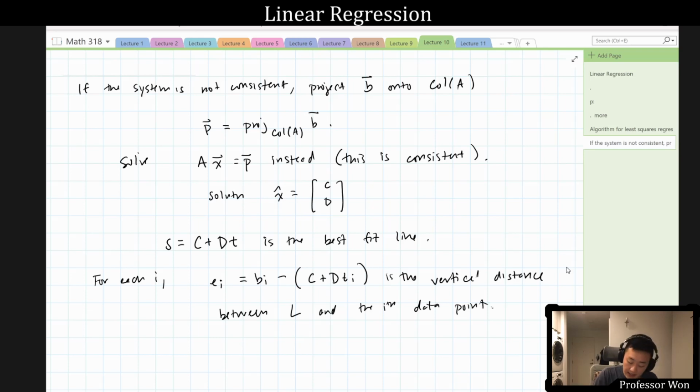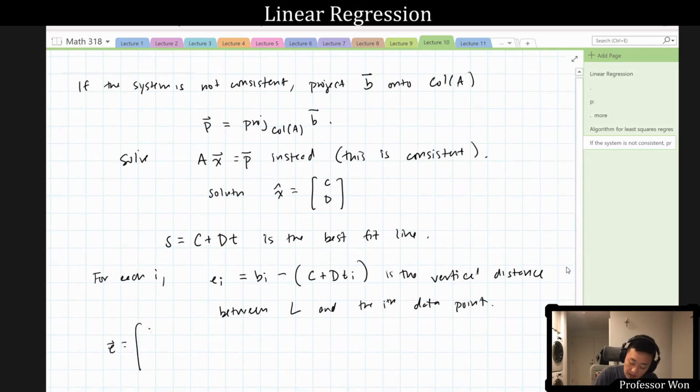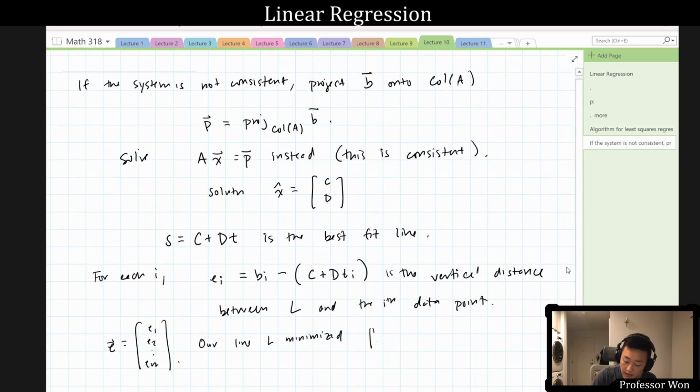Then if we take e to be this vector of differences, then our line L minimized the square of the norm of this vector e, which is just the sum of the squares of all the differences, which is the way that you learned about it in statistics, if you learn about it in statistics.